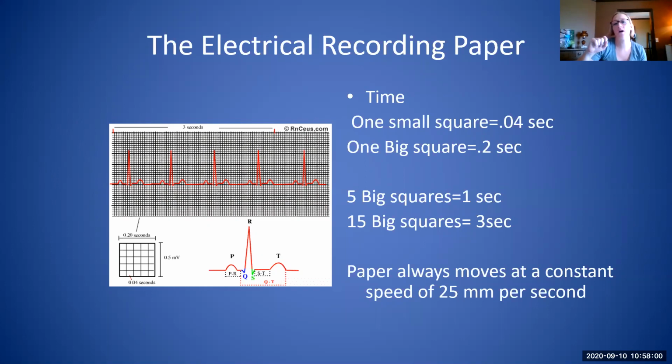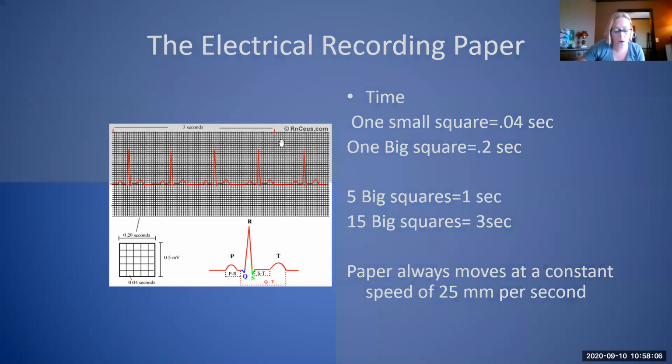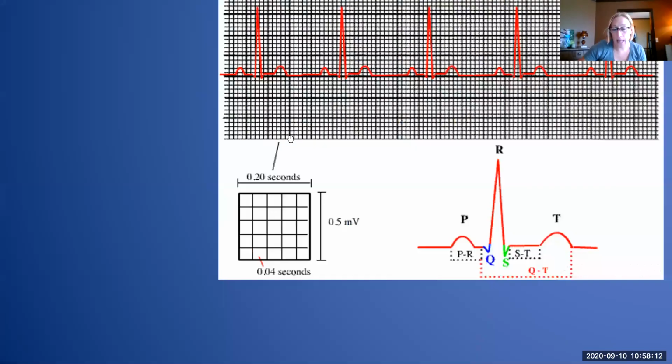So this small little square, which I'm going to zoom in on here, one of these small squares right there is 0.04 seconds. And then one big block is 0.20 seconds. It's important to know that because it makes it easier to measure our complexes.